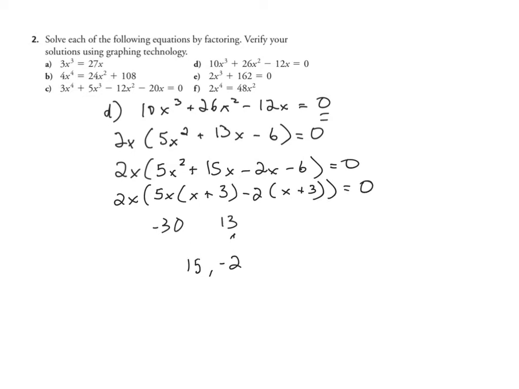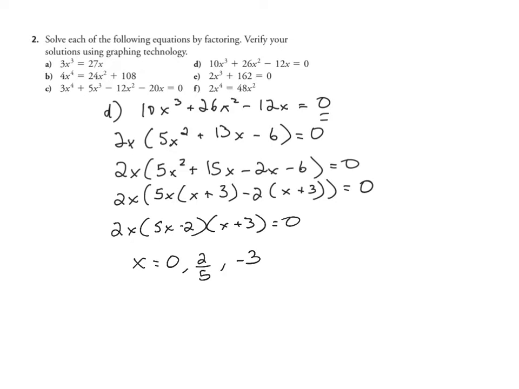Let's erase this. And so this is 2x, 5x minus 2, x plus 3 equals 0. So x is either 0, 2/5, or negative 3. Done.